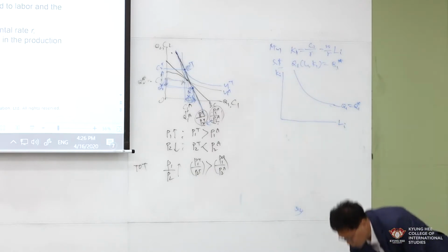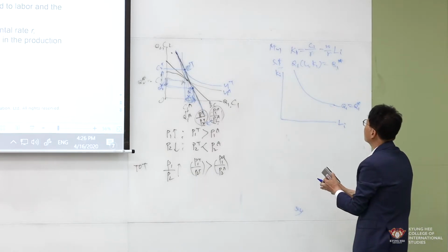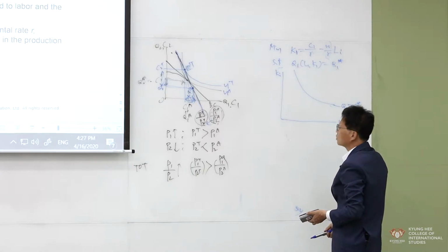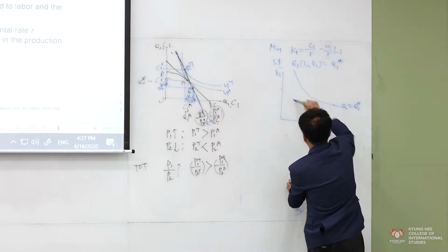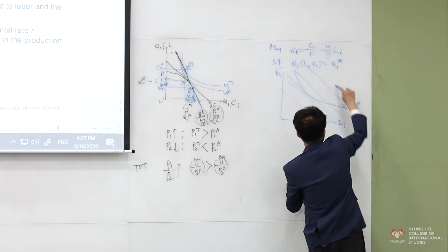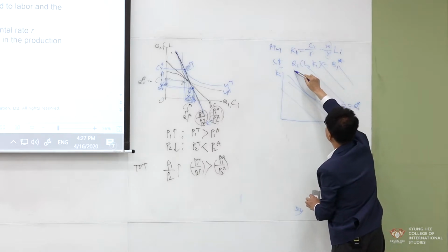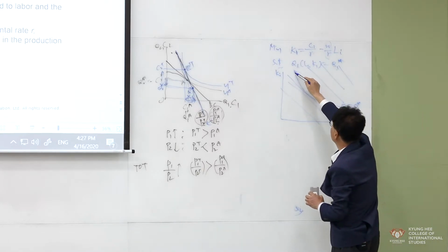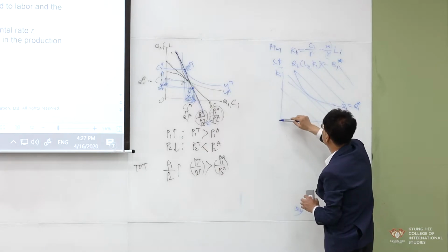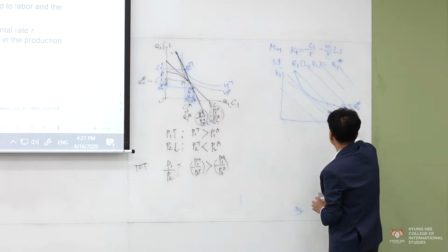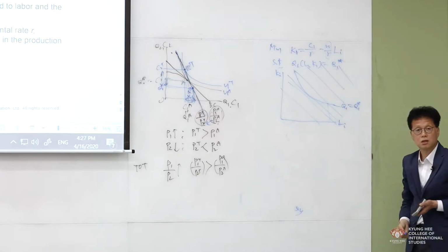And for the cost function, we can draw lots of isocost lines having slope W over R. For example, like this. If you choose this point to produce 100 pence of pizza, you combine this amount of labor and this amount of capital. Or this point, this amount of labor, this amount of capital, right?